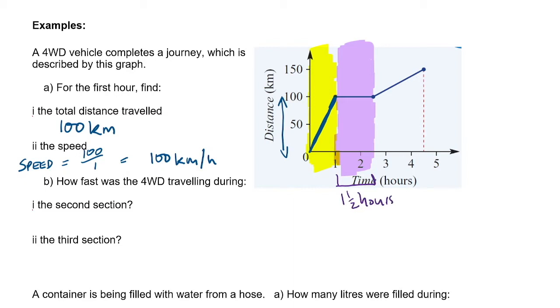Now it is a flat line, so if we remember back to doing some gradient work, we know that a flat line has a zero gradient. So the speed that the four-wheel drive was traveling during that second section is 0 kilometres per hour. And that's just straight up using gradient as our information.